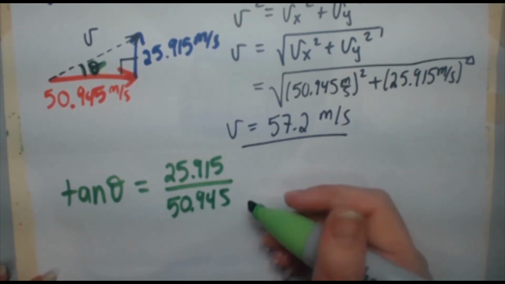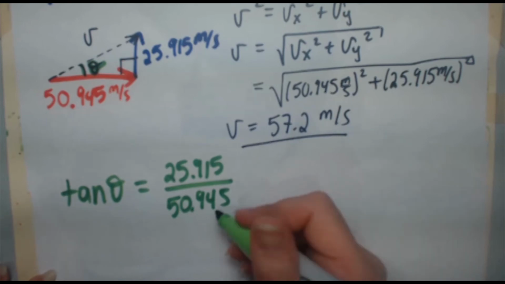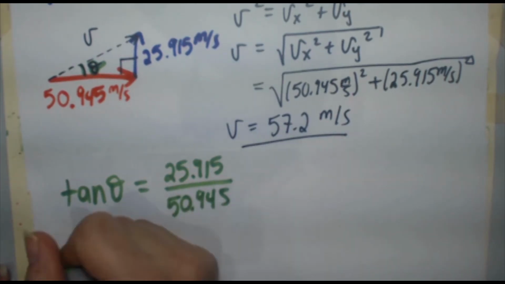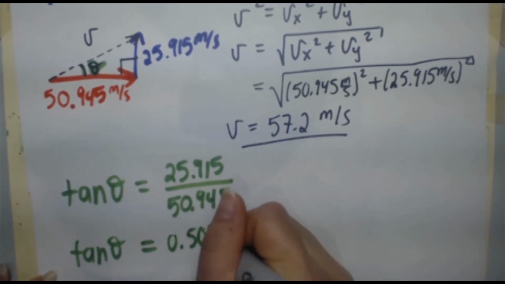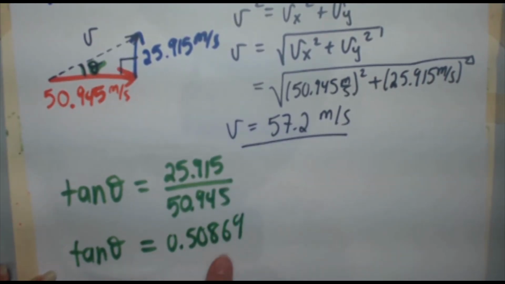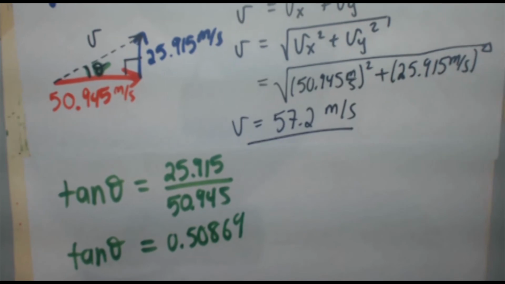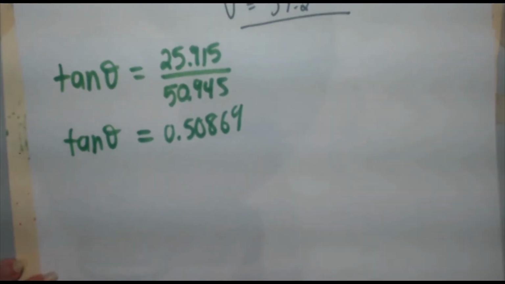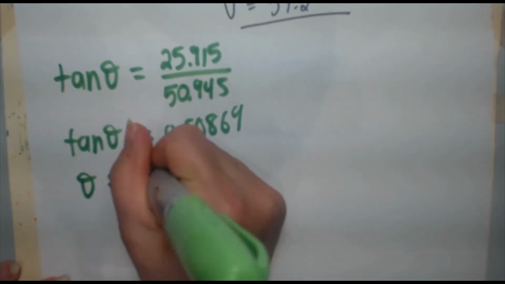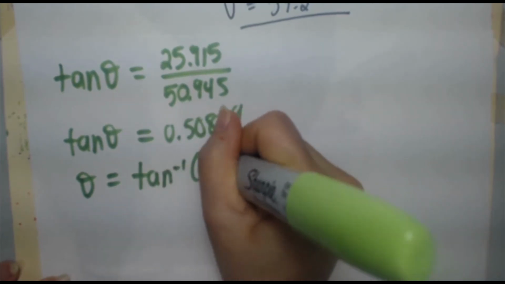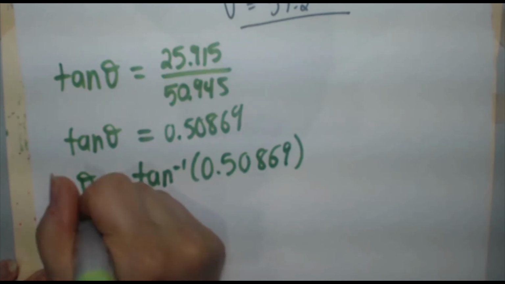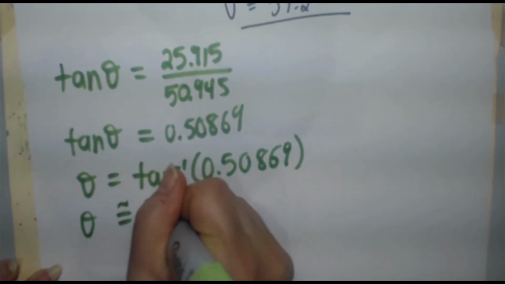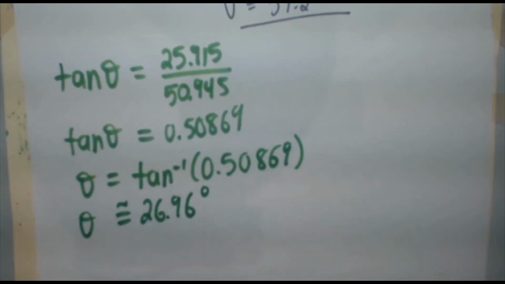Okay, when you divide those two together, you're going to get 0.50869, but I want to get theta by itself. So what I'm going to do is take the inverse tangent of both sides. So theta is equal to the inverse tangent of 0.50869. When you do that, you're going to get your theta is approximately 26.96 degrees.